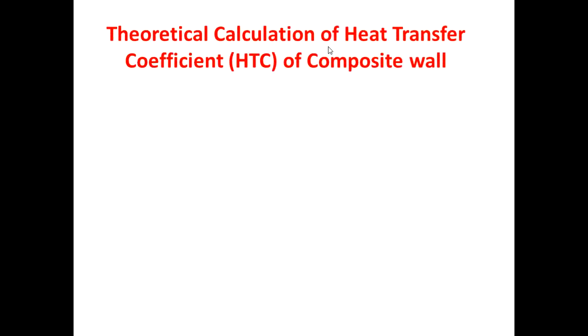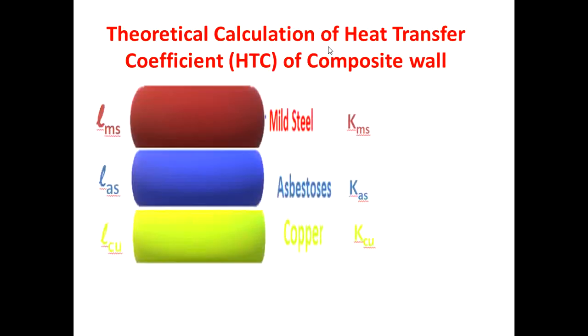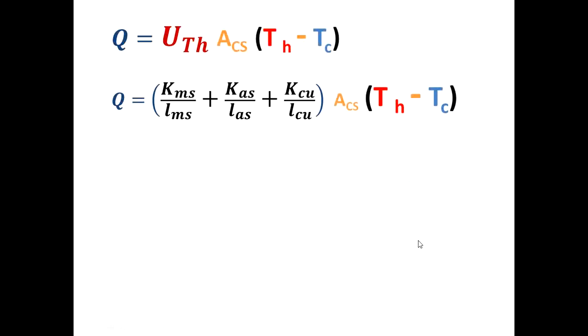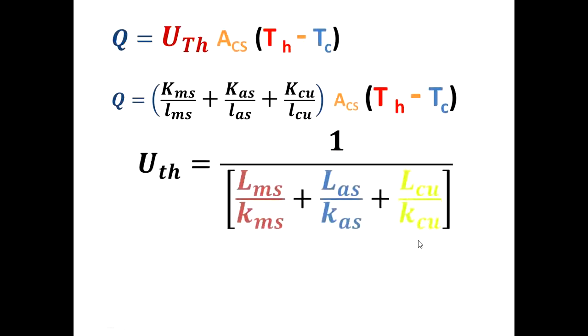Theoretical calculation of the heat transfer coefficient of the composite wall. You can have the thermal resistances like this. You need not consider the area here, as I have already told you. The U theoretical value will be this one, and you can calculate it like this.